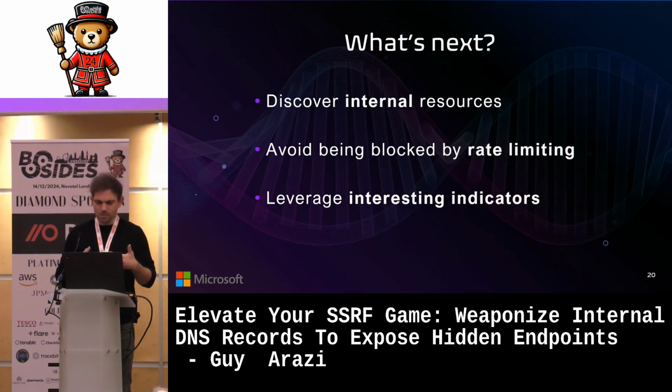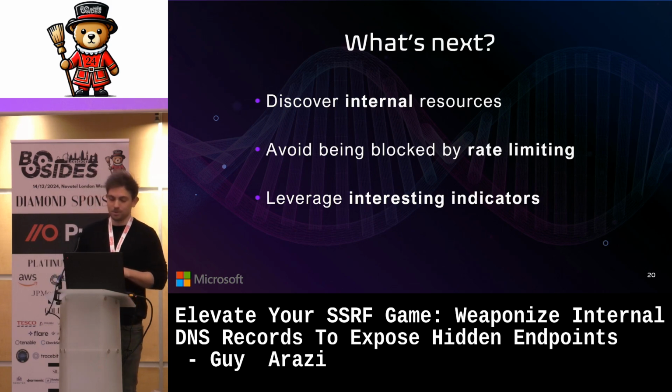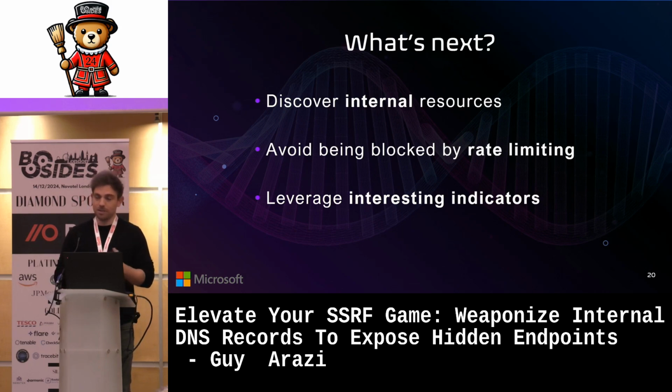And then I tried to understand how we can discover more internal resources, what the service or the feature actually does, in order to try and gain more by doing less. Another thing was that there was heavy rate limiting, essentially blocking me from trying to spam all the known payloads. And everything that I'm showing now is coming from research and a lot of pain along the way.